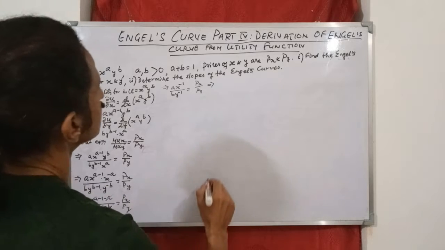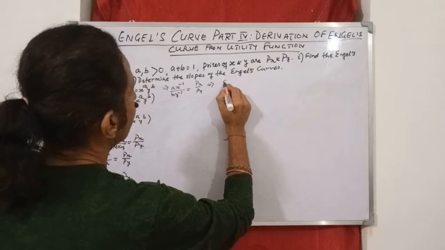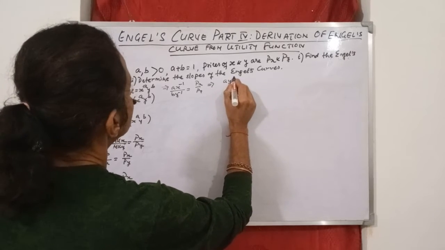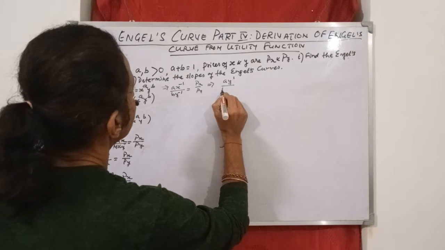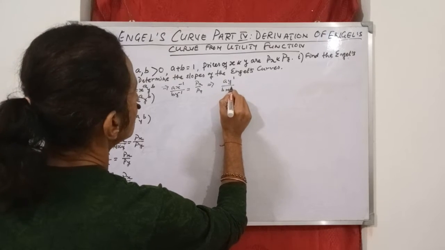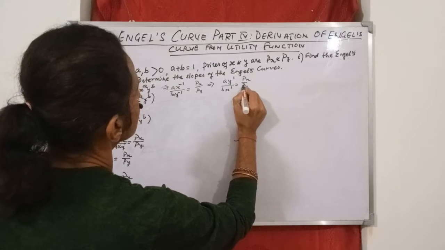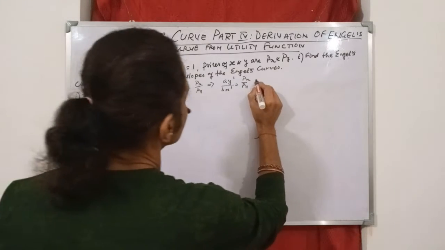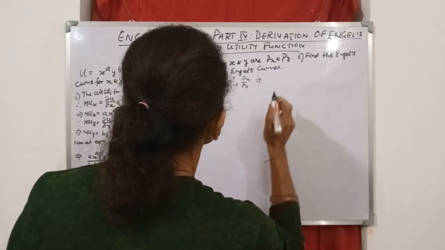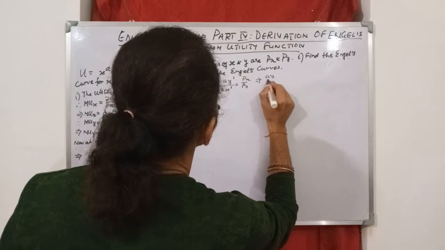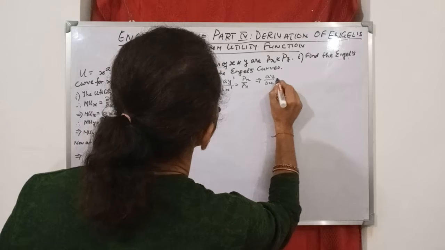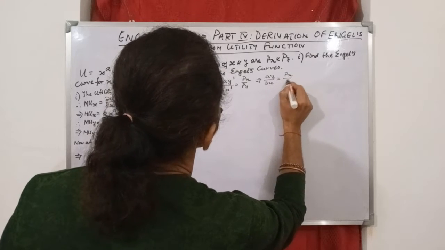This means a y to the power 1 divided by b x to the power 1 equals px by py. This means ay divided by bx equals px by py.